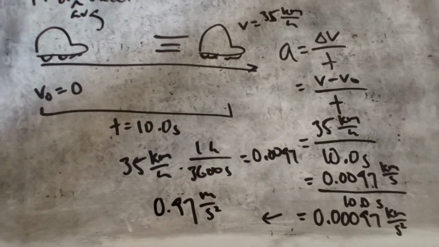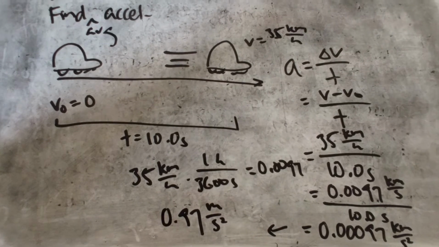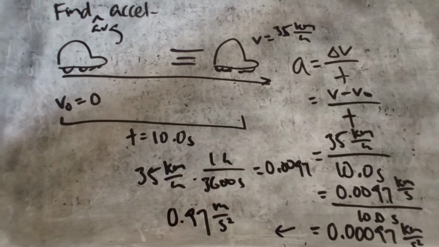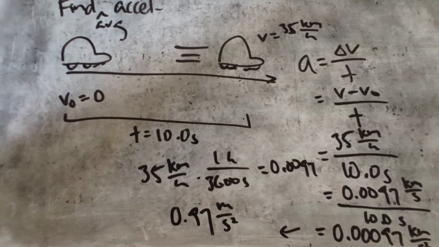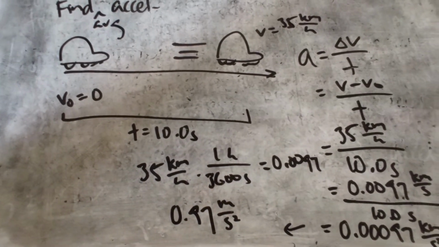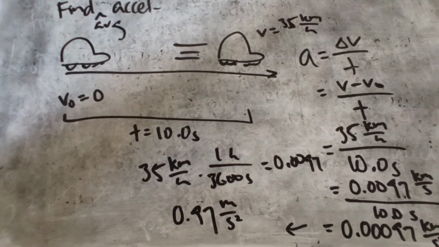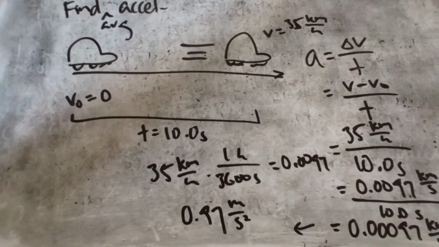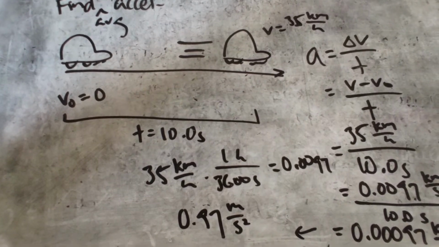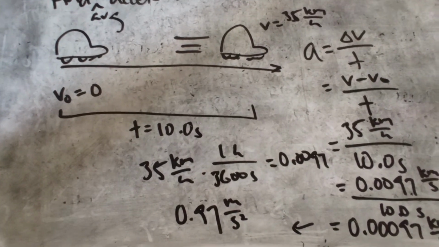So what this is saying is that the car increases by pretty much a meter per second in terms of speed, on average over these 10 seconds, to reach a speed of 35 kilometers per hour. Now this might seem little, but let's try converting 35 kilometers per hour in terms of meters per second.